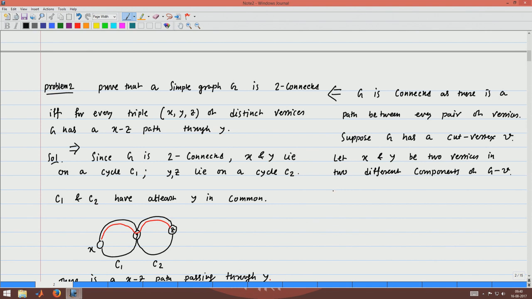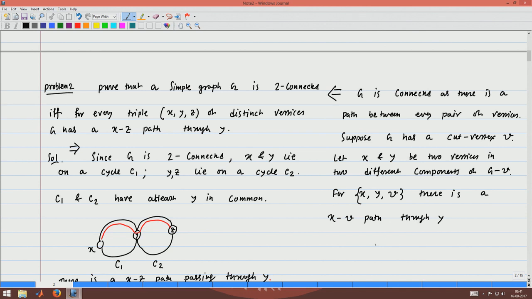So, x, y and v are three distinct vertices in the graph G. There is an xv path through y, because that is what it says, that for every triple of distinct vertices there is an xz path passing through y.